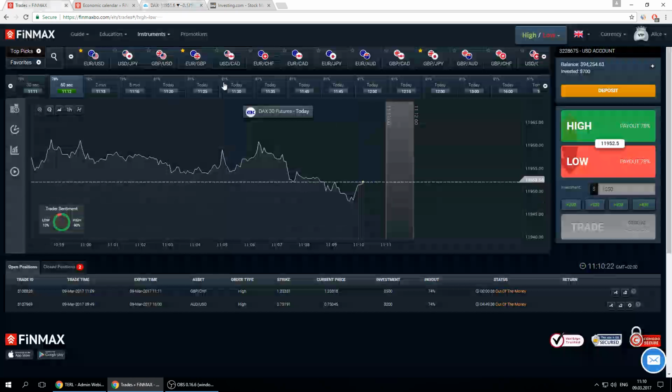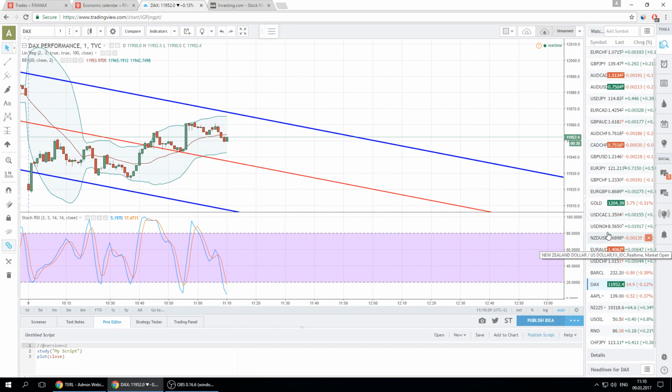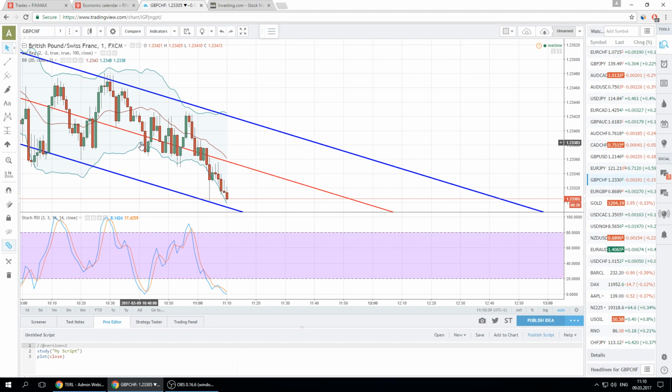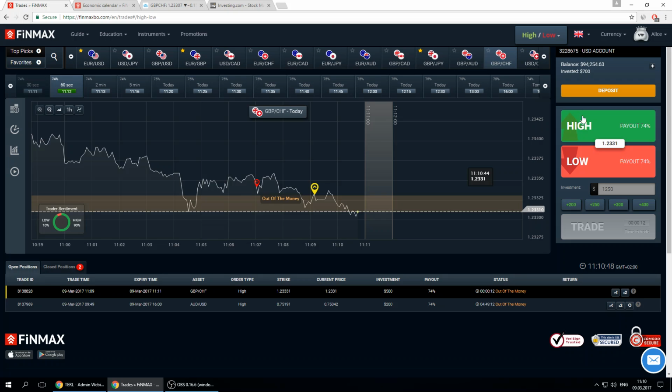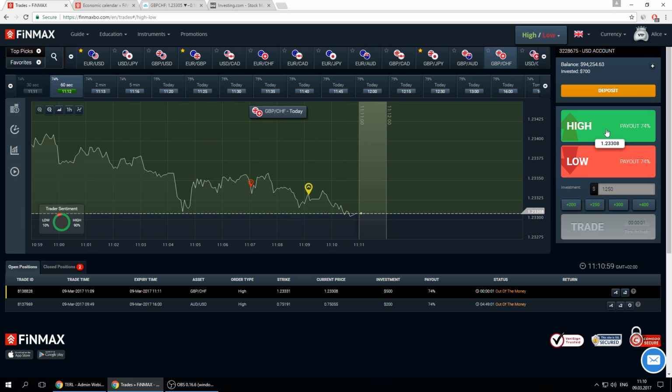I'm waiting for it to turn back, and in 30 seconds, come back to it. Also, this trade is out of the money right now, so we may need to enter on the third circle.